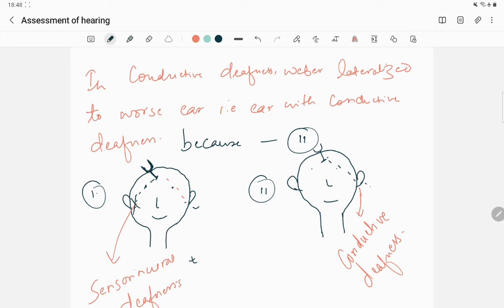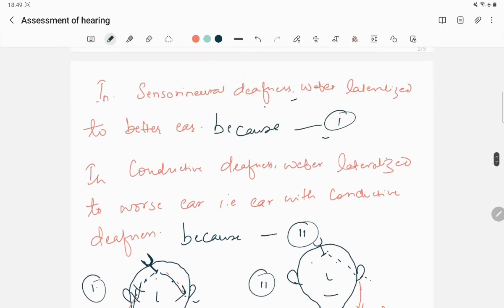Now if this ear has sensory neural deafness, that is, if from the cochlea anything is disturbed, then this whole pathway is disturbed and you will hear only by the other ear. So that's why in sensory neural deafness, Weber is lateralized to the better ear.